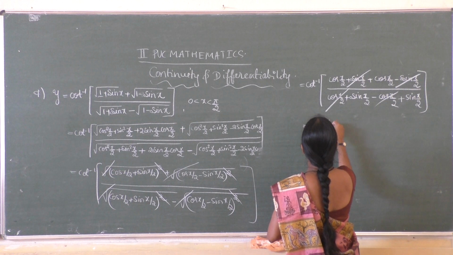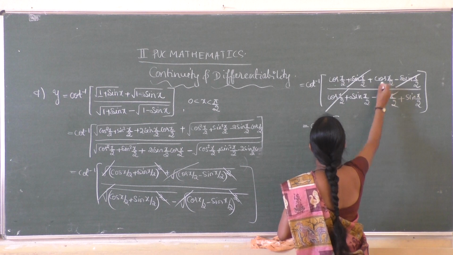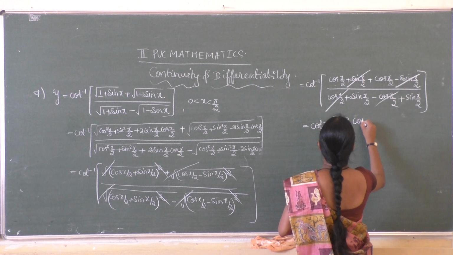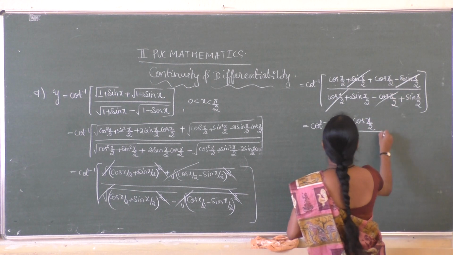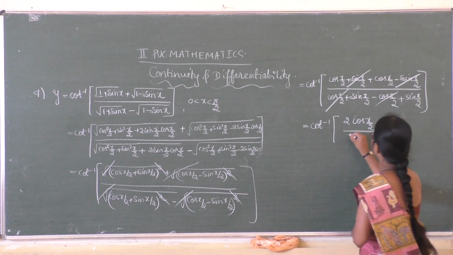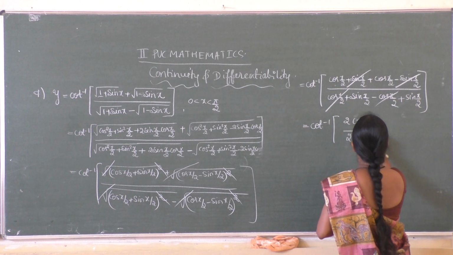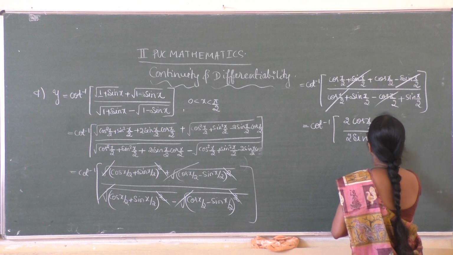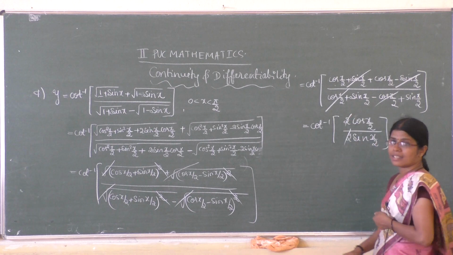So cot inverse, that is cos plus cos, that is 2 cos x by 2. Here sine plus sine, that is 2 sine x by 2. 2 and 2 cancel.